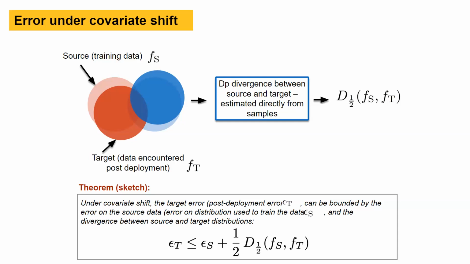No need to go into all of this. All we're trying to say here is that the error shift from the source can be approximated this way, which is the difference between the source and the target.